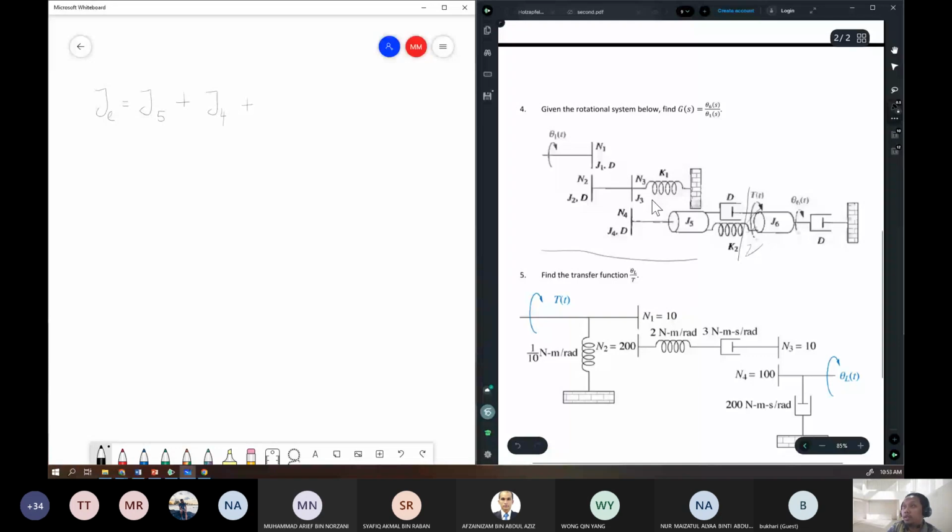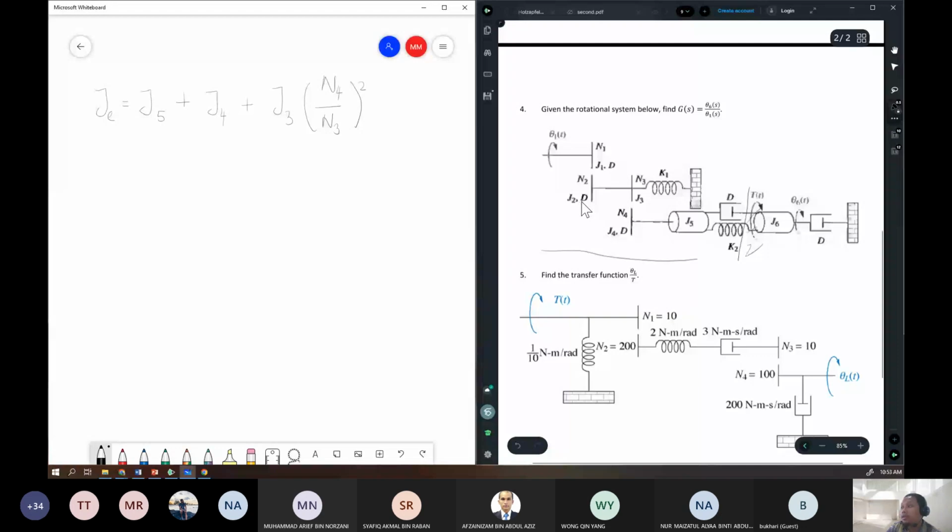So J3 times (N4 over N3) squared. Similar to J2. So J2 is on N2.